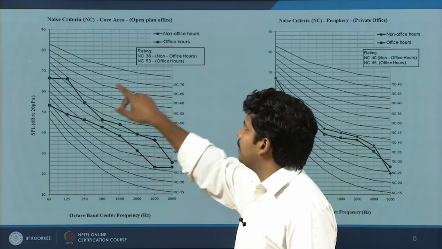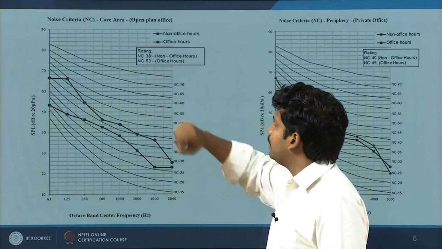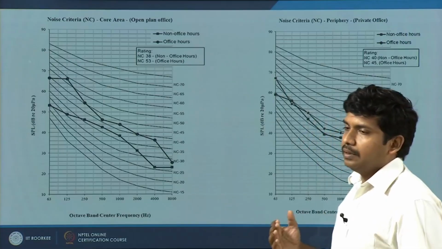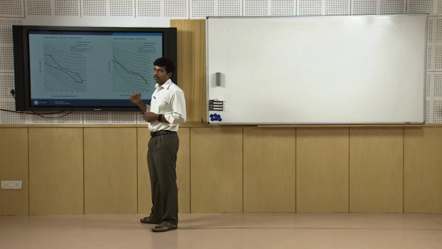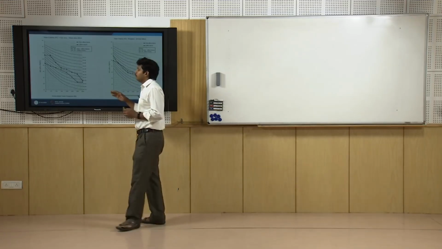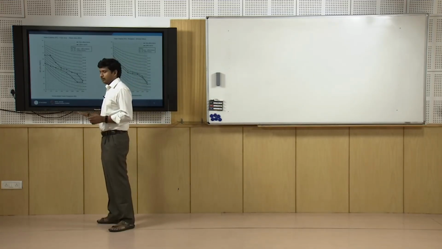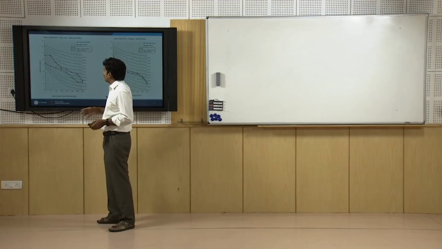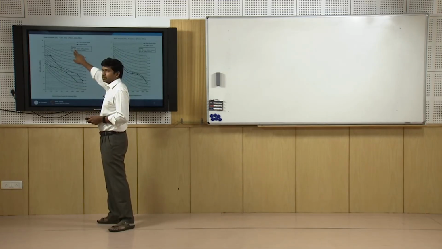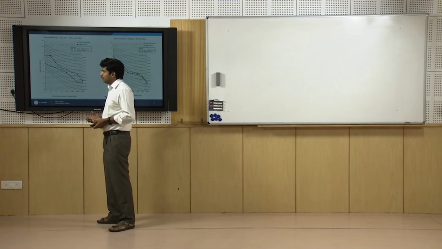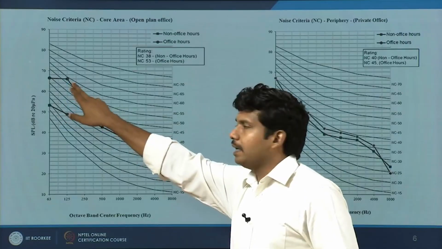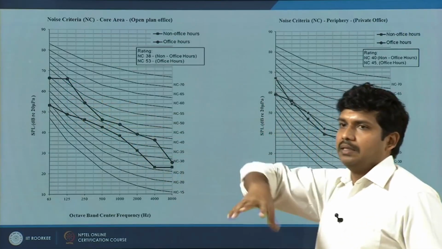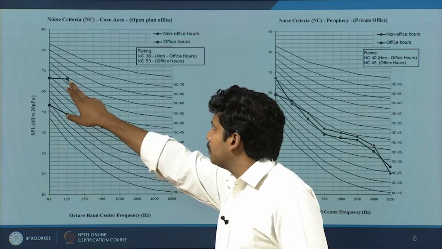If you estimate the noise criteria, we got around 38 NC. So if the office standard for an open office says you have to meet 40 noise criteria, when all machinery is turned off and people are not there, then we are getting somewhere close to 38. But when you are measuring during office hours, we find low frequency is a little high, probably due to machinery and reprographic background noise levels.